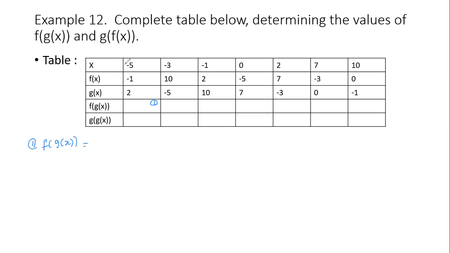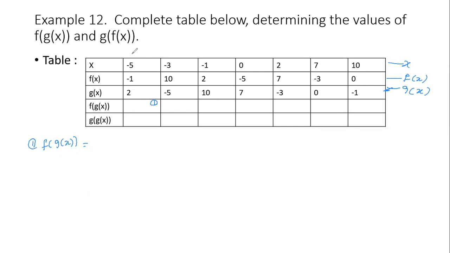On the first row, it is given x values. These are x values. This row is f(x). This row is g(x). And we want to find the composite in the following 2 rows.